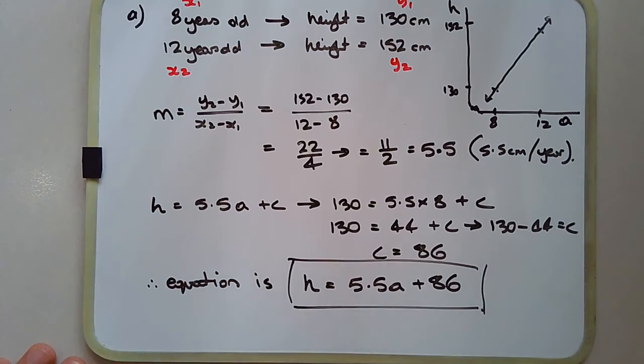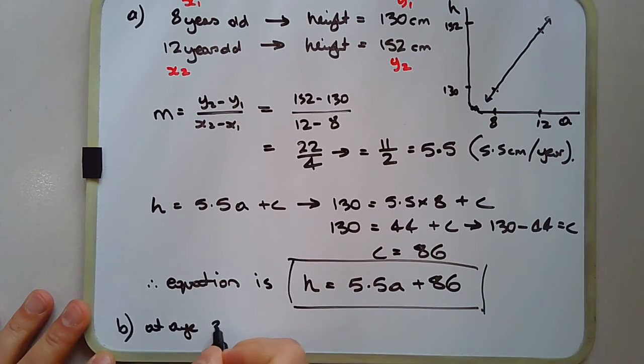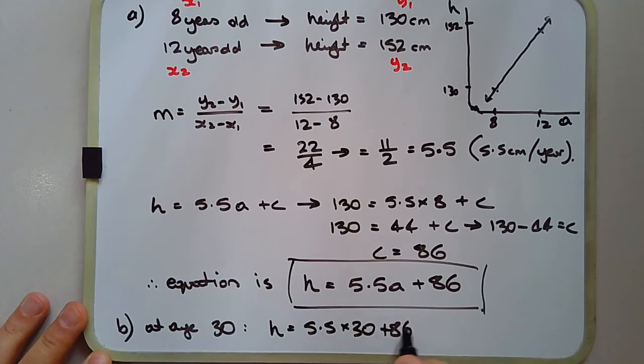So the next part is, state one limitation of this model. Let's try to predict this person's height when they're 30 years old. At age 30, height is equal to 5.5 times 30 plus 86.